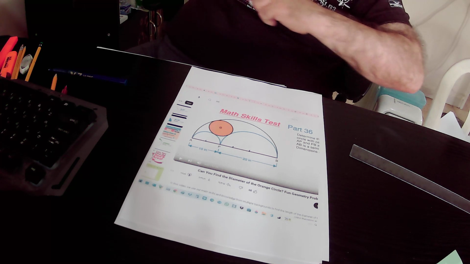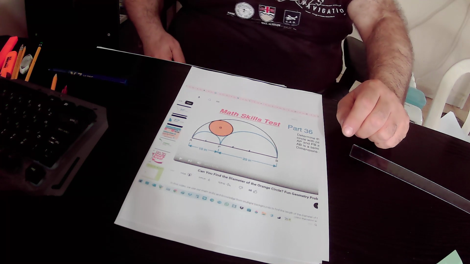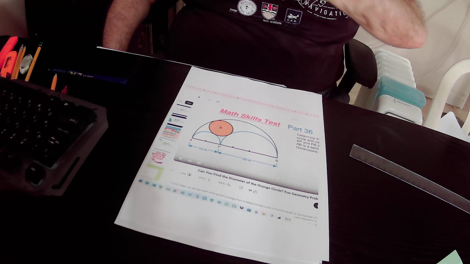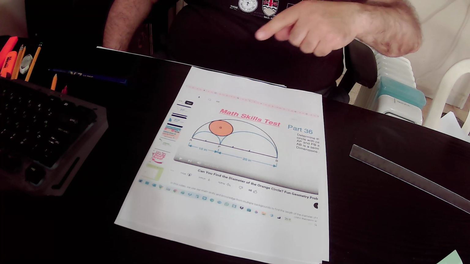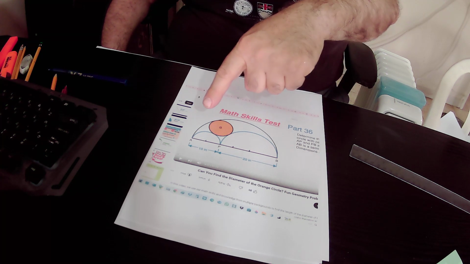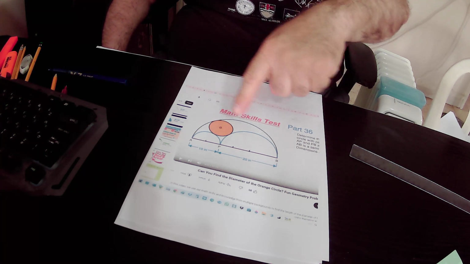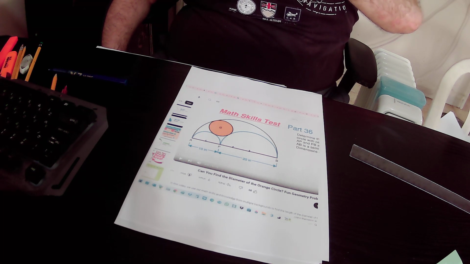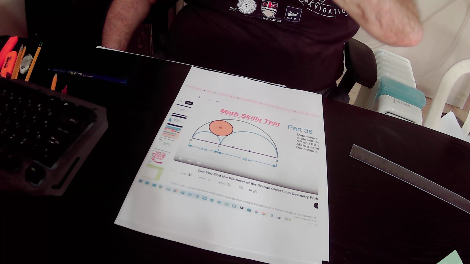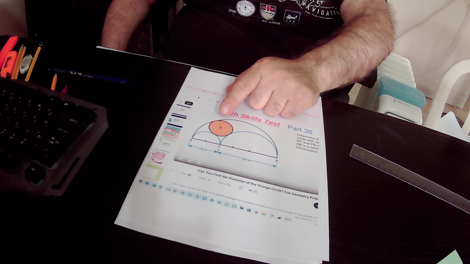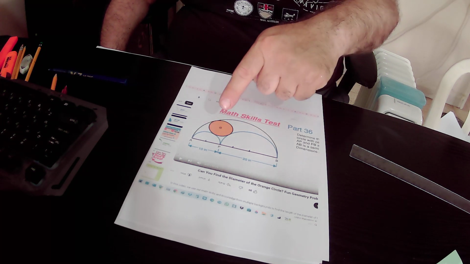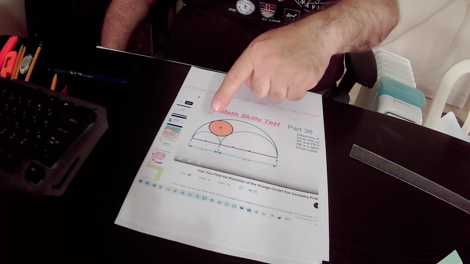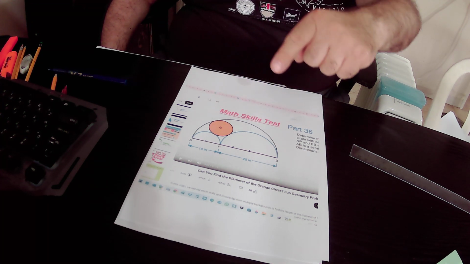Here we have three semicircles. Inside the biggest semicircle we have two small semicircles and one circle. The diameter of this small semicircle is 10 units, therefore the radius is equal to 5 units.